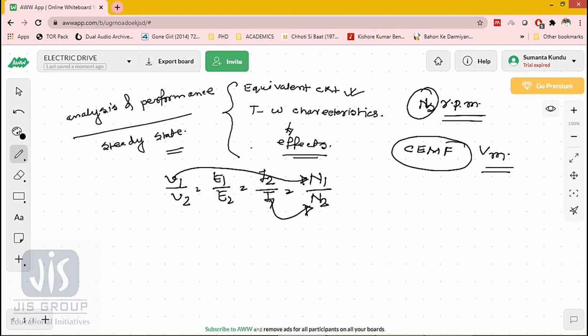So from here, in the stator side the counter EMF is Vm, and on the rotor side the slip EMF which is produced is VR dash. So this is converted in direct ratio, that is 1 by N, and the s term will appear because this is basically the slip voltage. So from here we will get that VR dash equals N s VM.